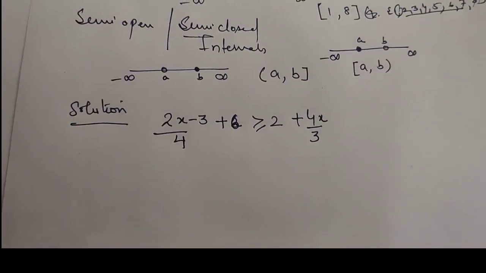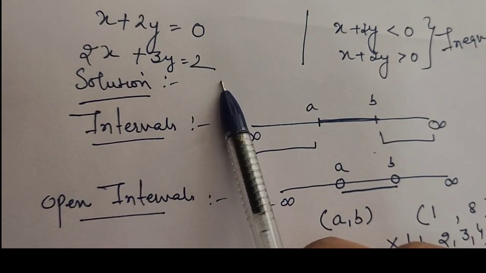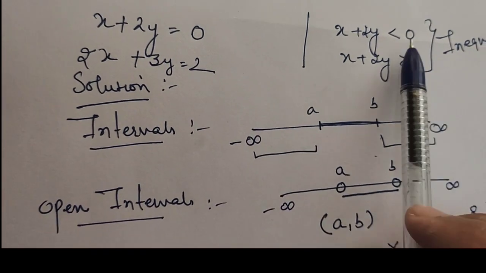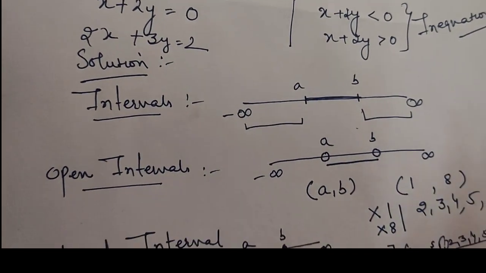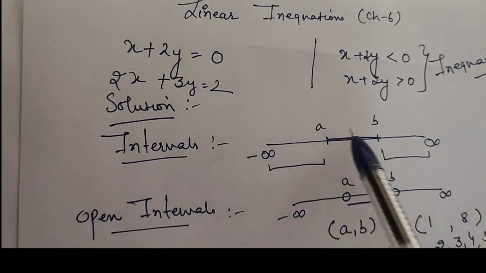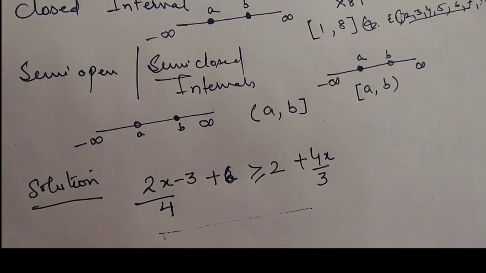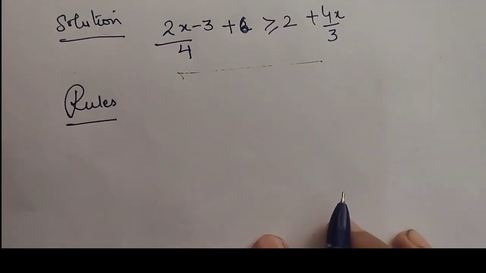In the case of an equation, you have one particular value. But in the case of an inequation you don't have one exact particular value; you have a set of values which satisfies the inequation. Now how can you find this? For this, firstly you have to know the rules. The rules are very important.